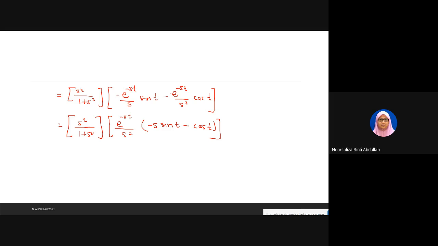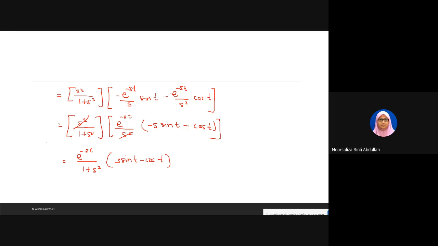This one S square, this one S saja. So you have to times dengan S satu lagi. Jadi, you dapat sini S kuasa 2. So ini dengan ini you boleh cancel. Then you have exponent minus ST over 1 plus S square negative S sin T minus cos T.